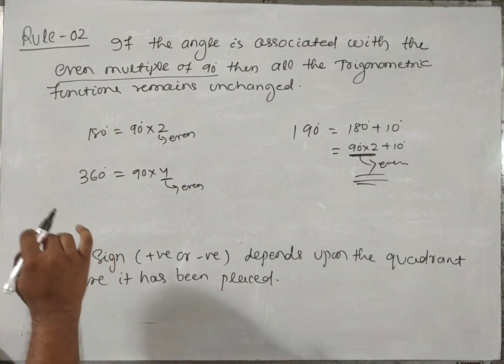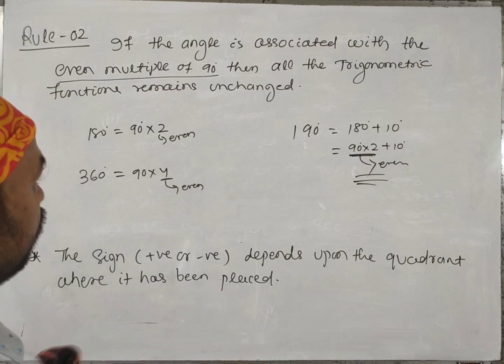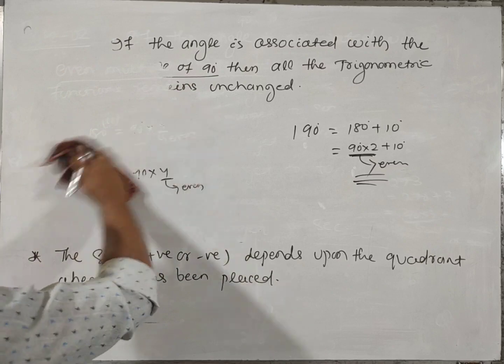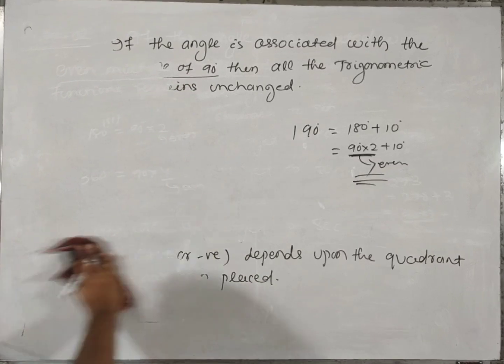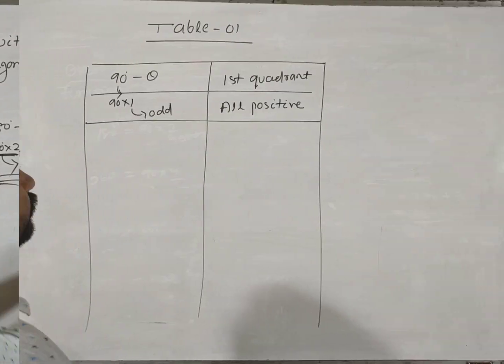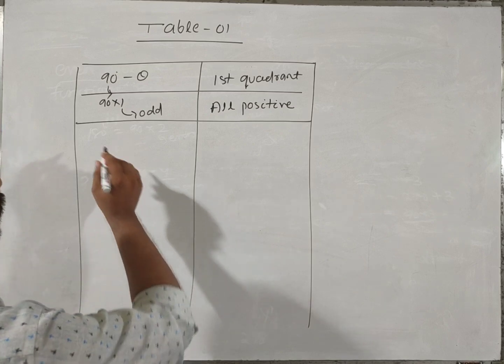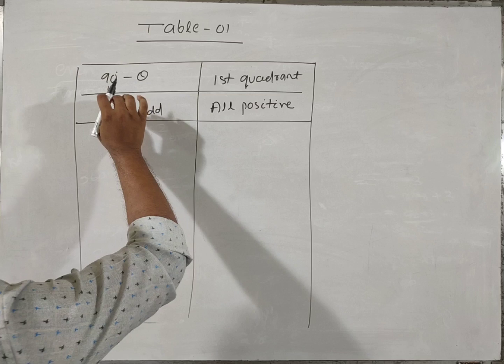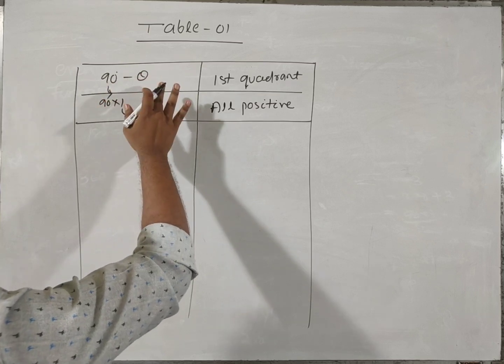Then let us go through the 8 trigonometric tables. So here it is the table number 1, and we are going to discuss the first table based upon 90 degree minus theta.